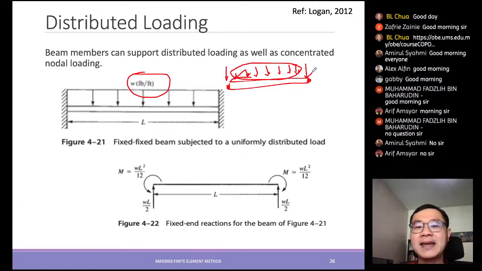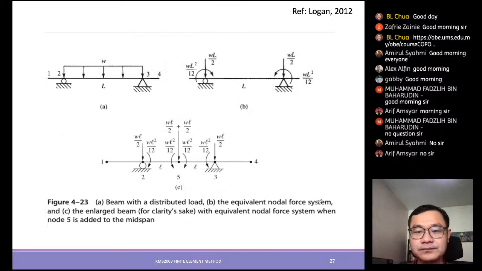That is our main idea to solve for the distributed load in the finite element method. So we have to represent this into this. Again, we can represent it with bending moment as well as reaction force on both ends itself.